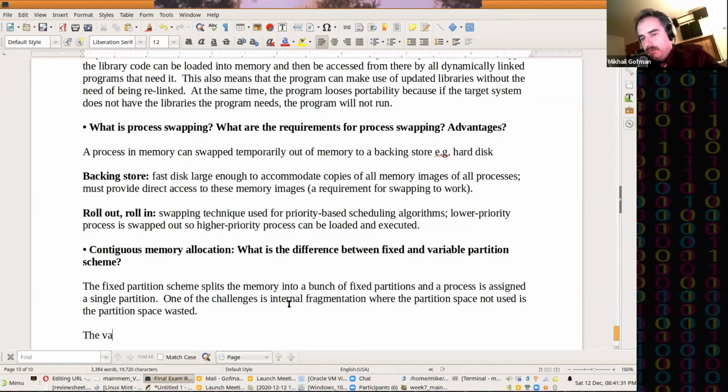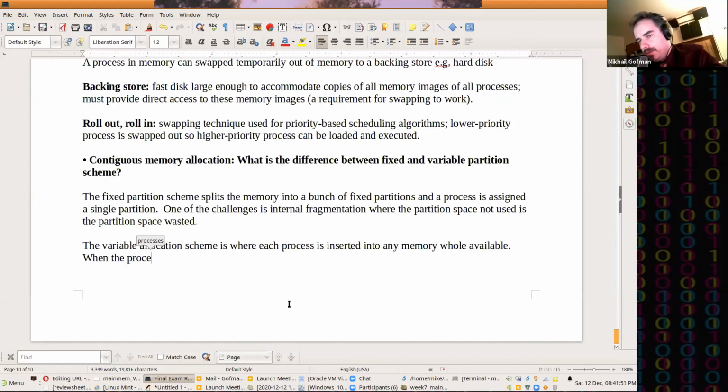And then the variable allocation scheme is where each process is inserted into any memory hole available.